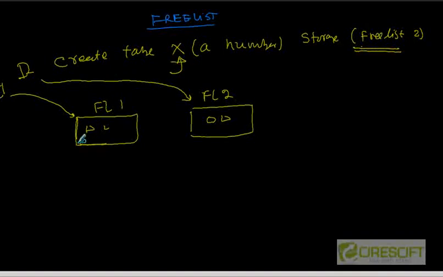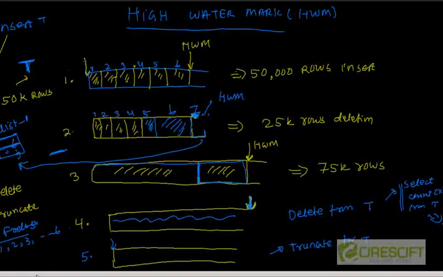In the next slide we are going to discuss two other parameters. Let's say I keep deleting data from this block. I need to know at what point this block is eligible for an insert.